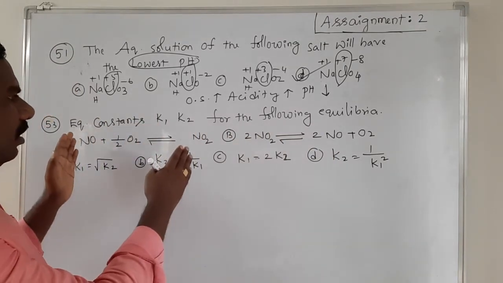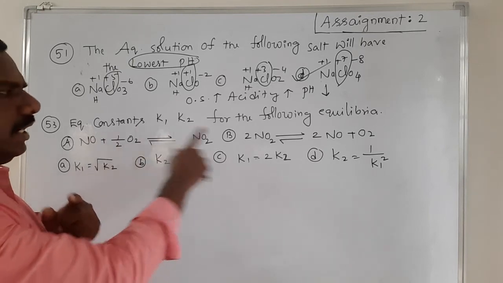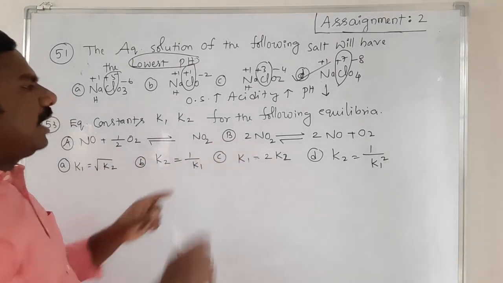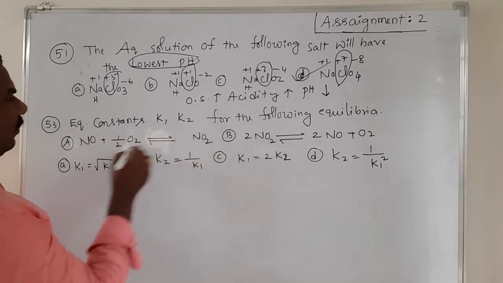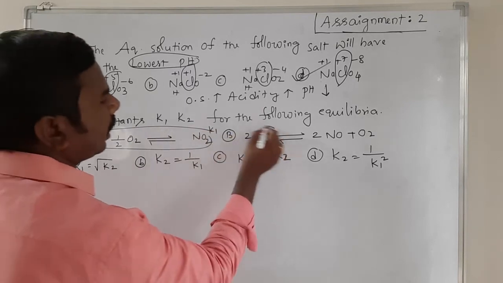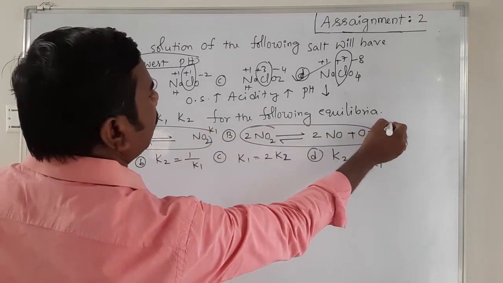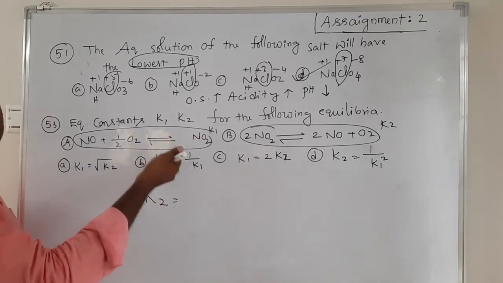If I flip the first equation, NO2 becomes the reactant and squared. The first equation has K1, and the second equation is K2, right? To get K2, K1 must be flipped.